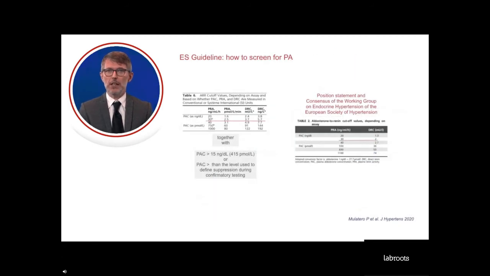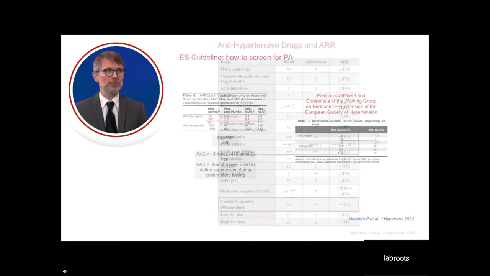Therefore, if we want to compare the old cutoff with radioimmunoassay, for example 30, when aldosterone is measured in nanograms per dl, the new cutoff should be around 2 with direct renin concentration.